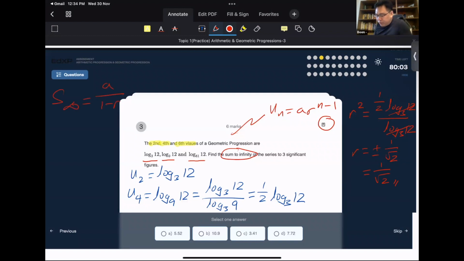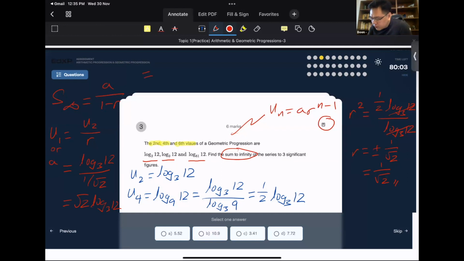We already have the common ratio. To find a, u1, we can take the second term and divide it by the common ratio. So we have log_3 12 divided by the common ratio 1 over root 2, which gives me root 2 log_3 12. That is my first term, or a.